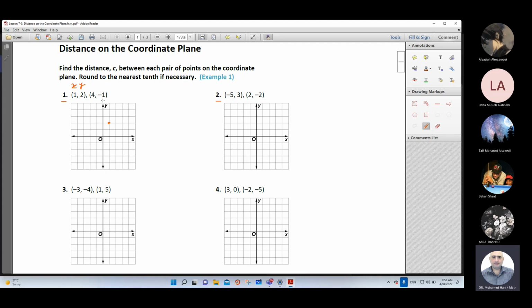And (4, -1): 1, 2, 3, this is 4, and -1 will be here. And find the distance between the pair of points. We want to find the distance here.